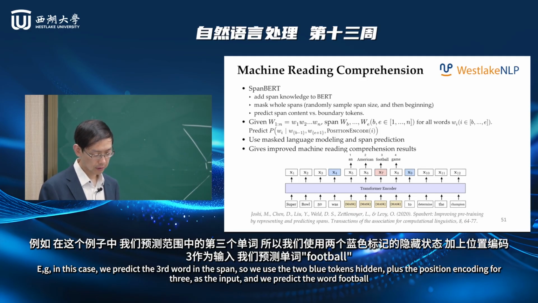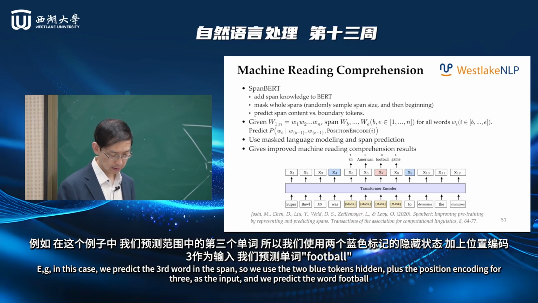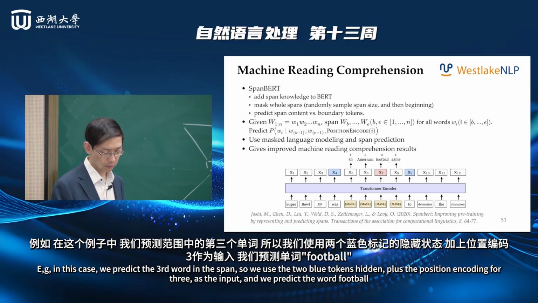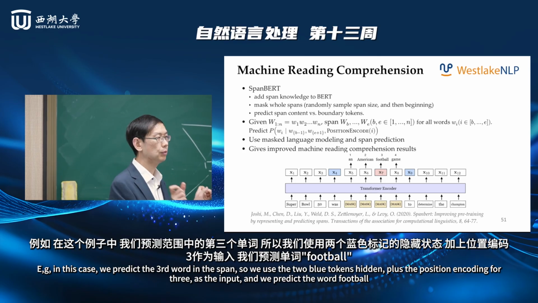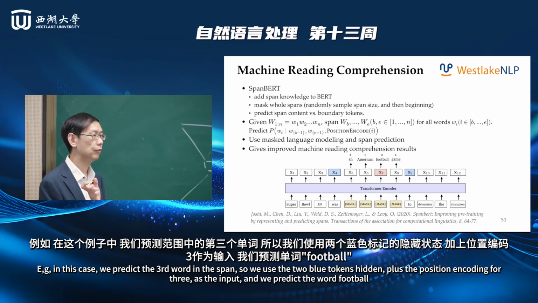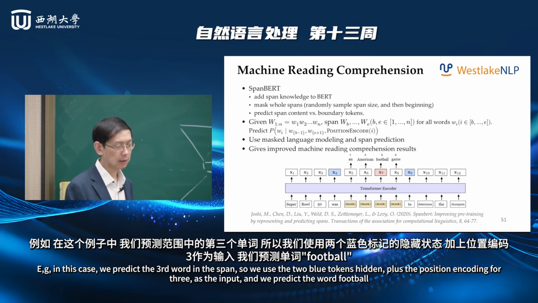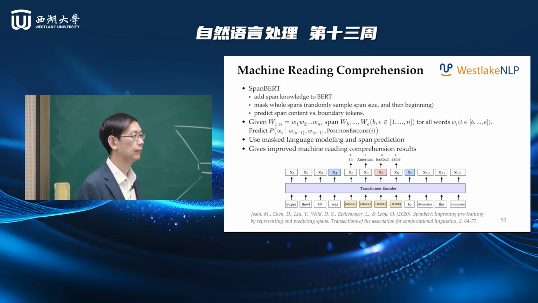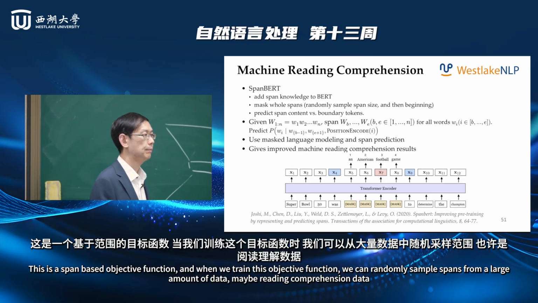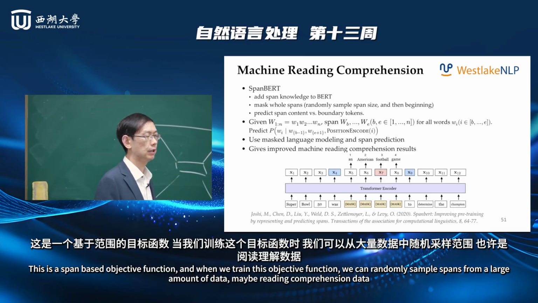For example, in this case, we predict the third word in the span. So we use the two blue token hiddens plus the position encoding for 3 as the input, and we predict the word football. So this is a span-based objective function.